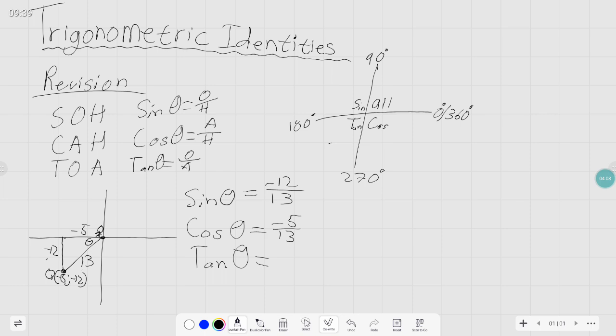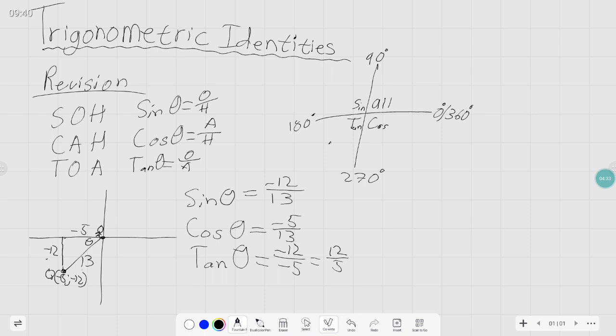So in this case, it's going to be -12 over -5. Negative divided by negative gives me a positive. So in reality, it is just 12 over 5. According to my CAST diagram, what's supposed to be positive in this quadrant? Tan. And in this case, tan is positive. Okay.